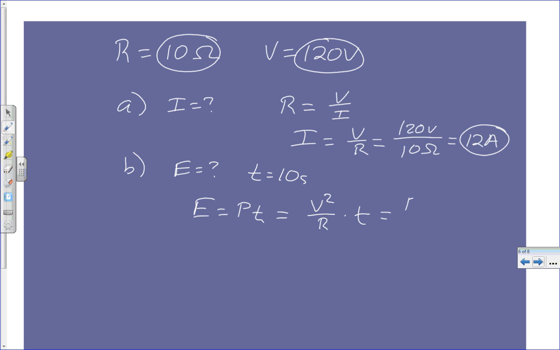So we take 120 squared divided by 10 times 10 seconds. And that comes out to 14,400 joules of energy.